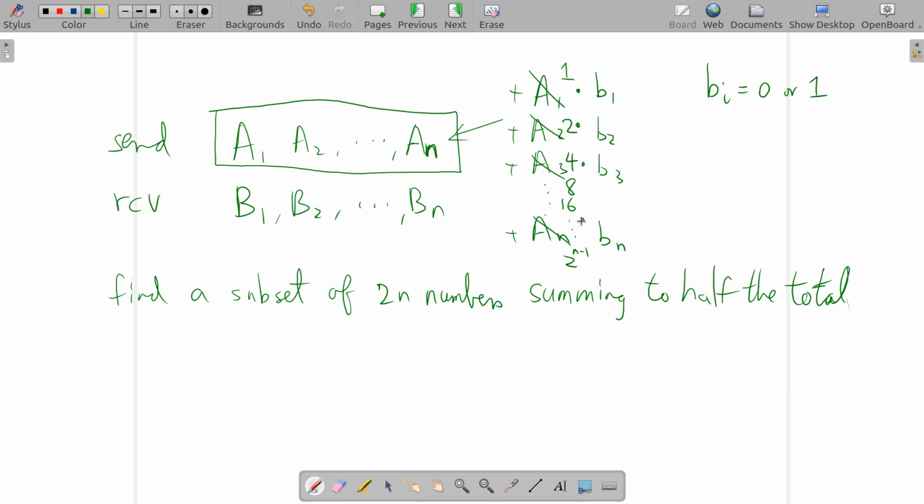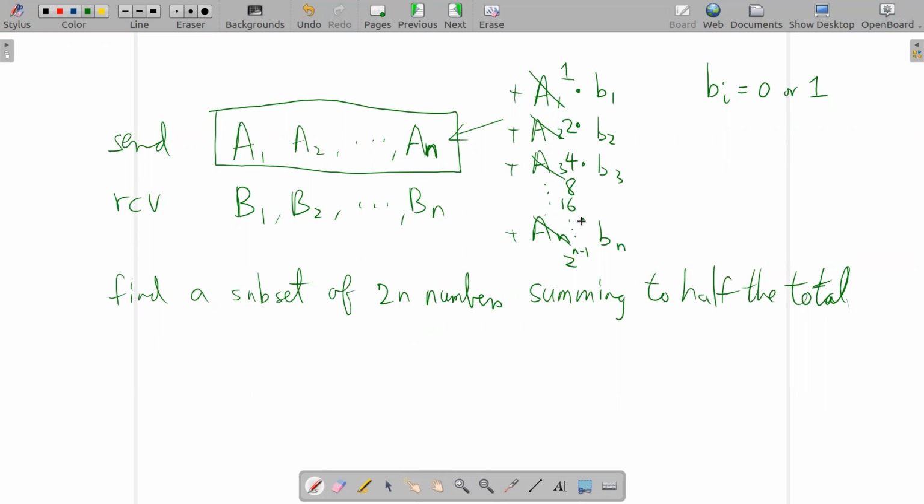So if your A's are just powers of 2, 1, 2, 4, etc., then any number that you want, up to n digits, can be represented by a sum of these powers of 2 using the binary representation of the number.